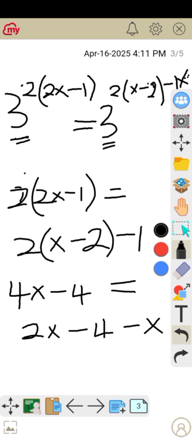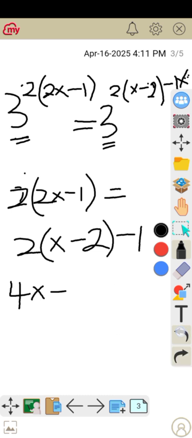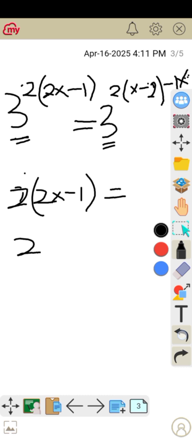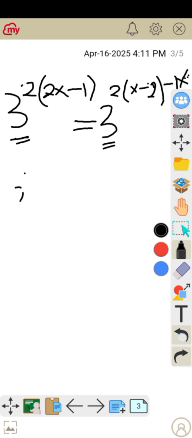Sorry, I made a mistake. It's not 2, it's 4. Here is 4, please. Okay, thank you. So since the two bases are the same, we remove them.